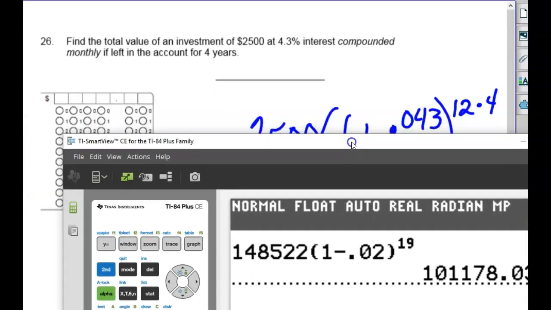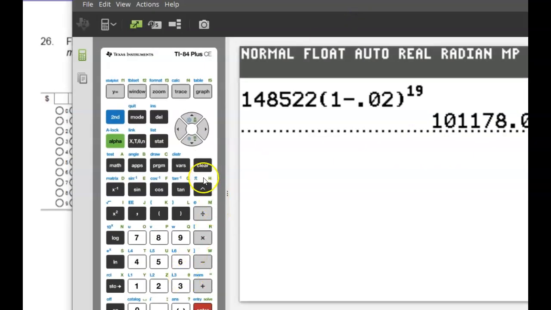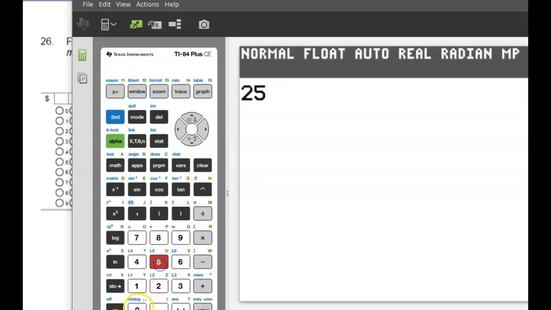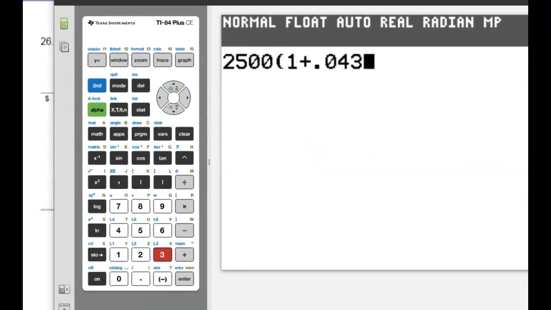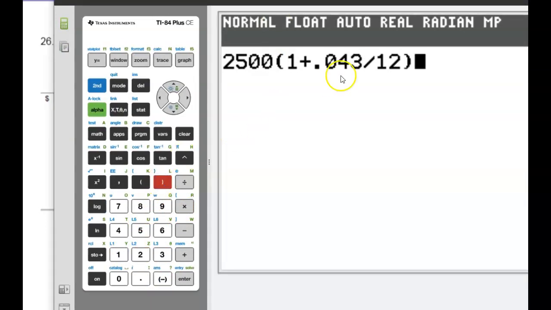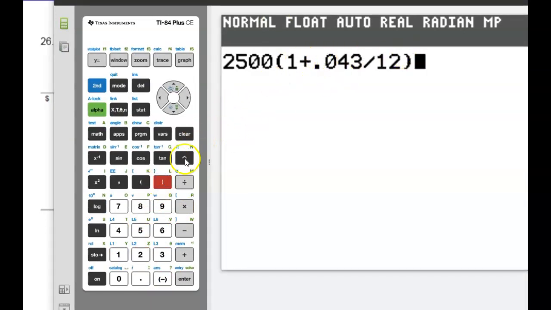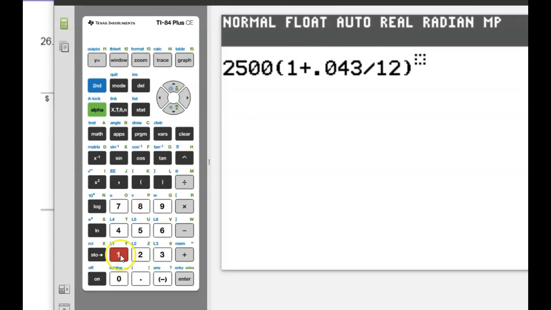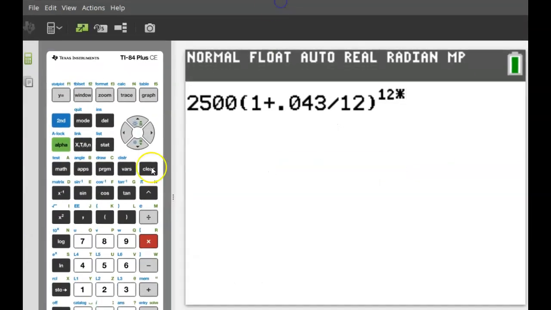So we have 2,500 times 1 plus 0.043 divided by 12, and it's okay, it knows to divide before it adds, so you don't need extra parentheses in there. And then it's 12 times, I already forgot, 4 years.